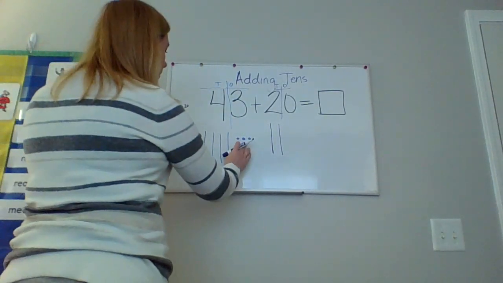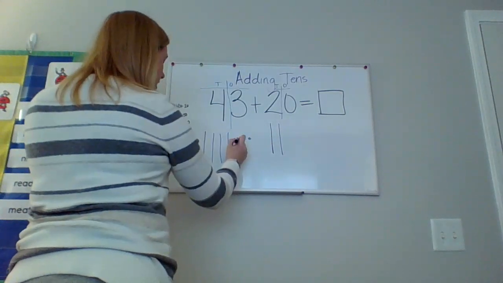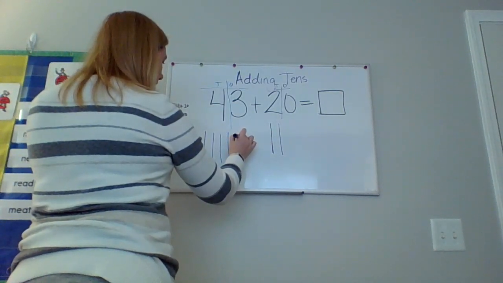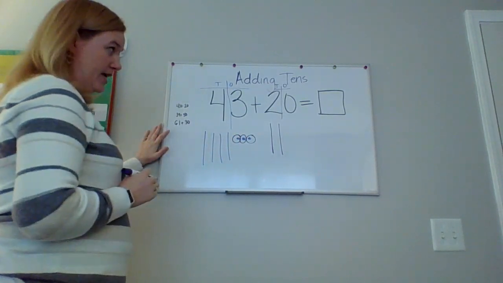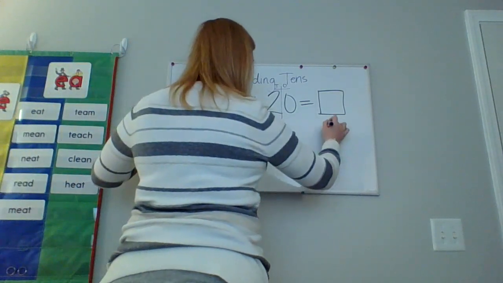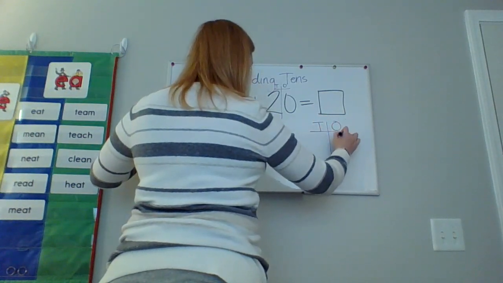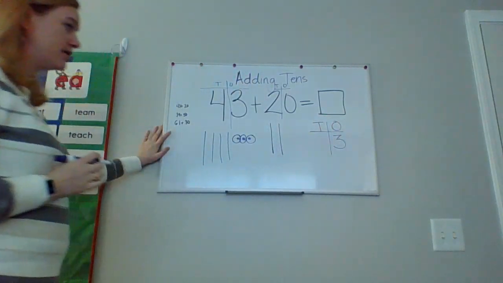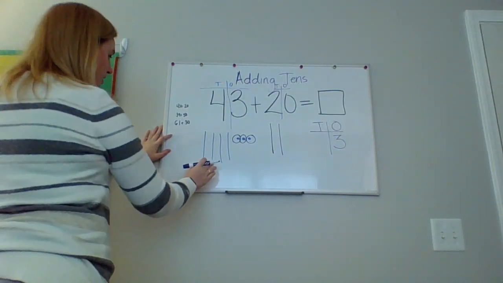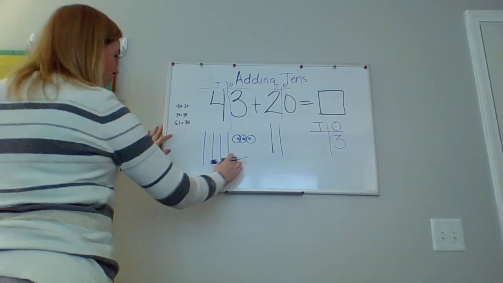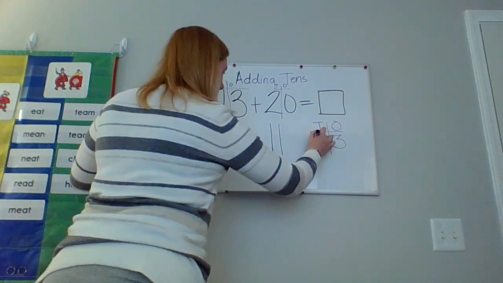So we're going to start with the ones. I don't have any ones over here, so I'm going to count my ones. 1, 2, 3. So in a tens and ones chart, I'm going to have 3 ones, and then if I count my tens, 1, 2, 3, 4, 5, 6. Wow!